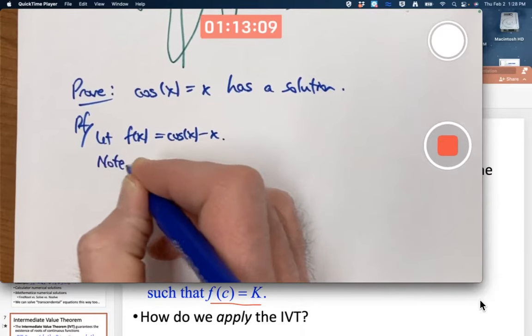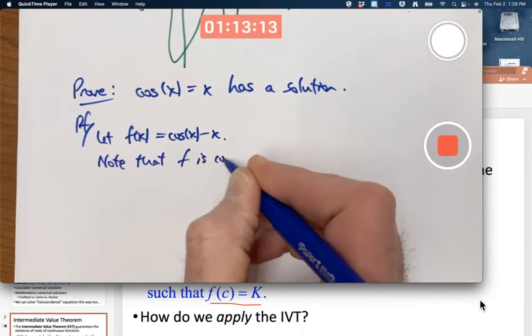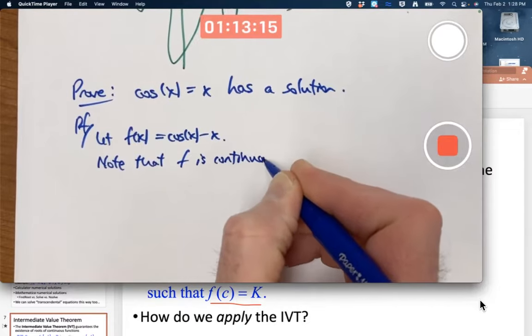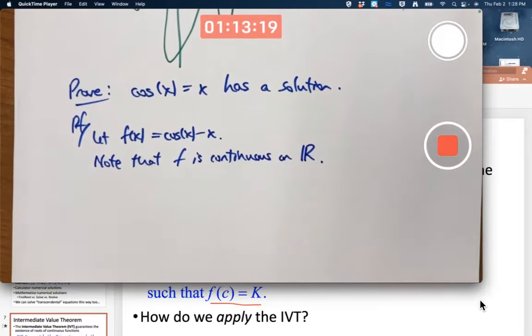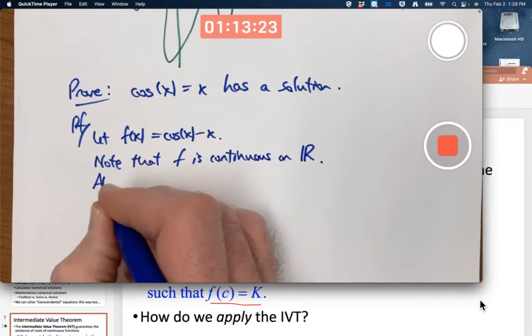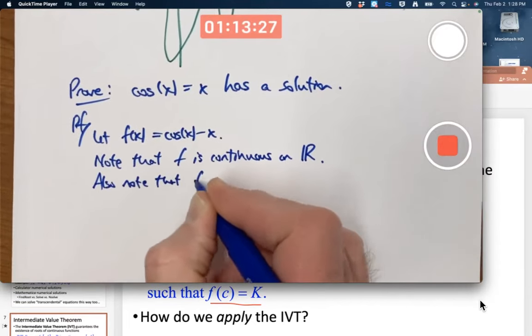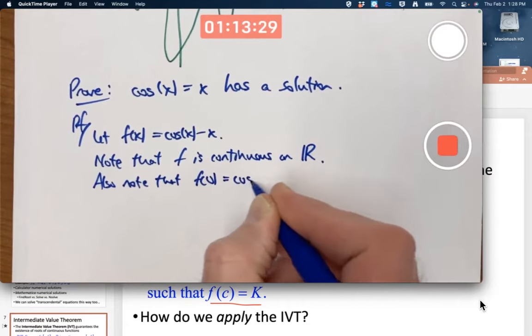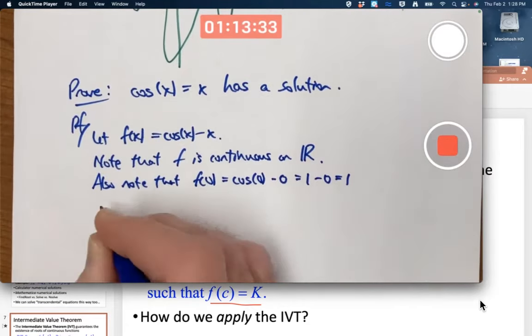Note that f is continuous for all x on the real number system. Also note that f of 0 is cosine of 0 minus 0, is 1 minus 0, is 1.